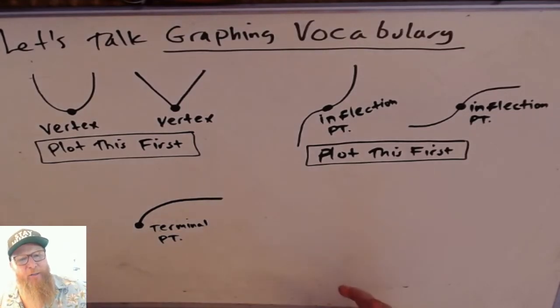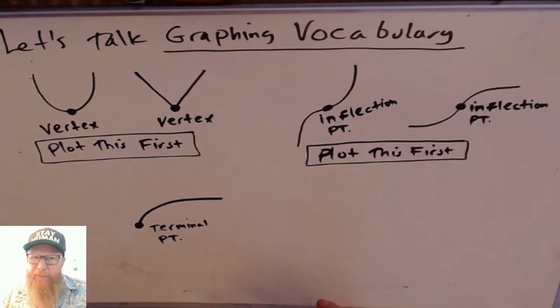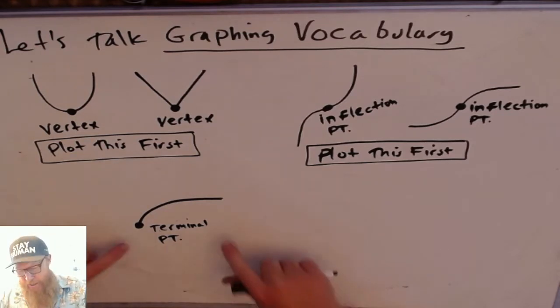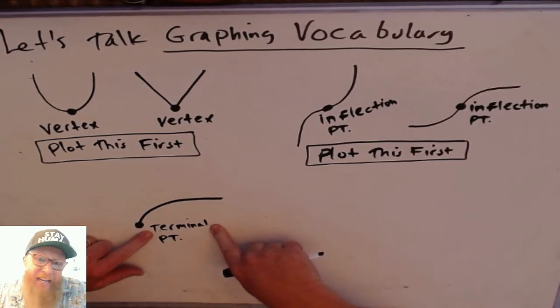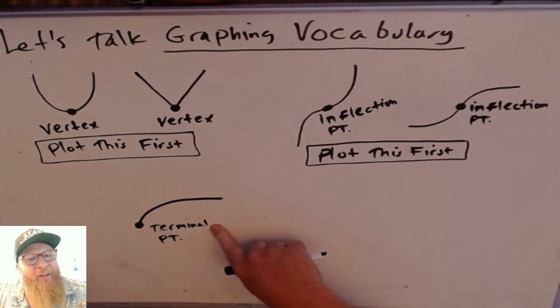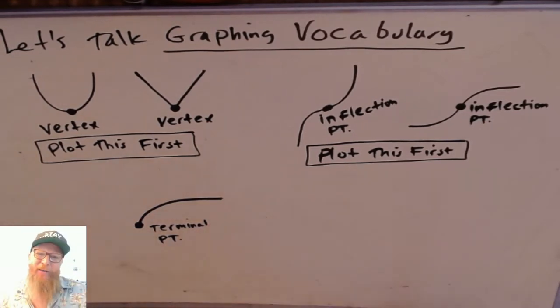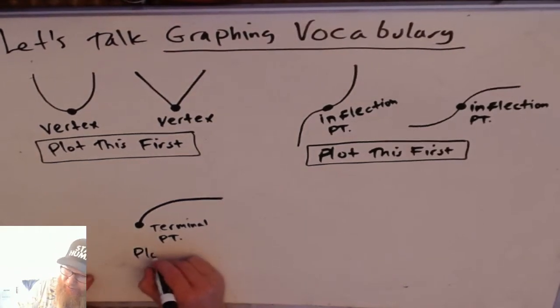A terminal is like at the airport, when you go to get on a plane. You might be getting on the plane, but somebody else is getting off the plane. So the word terminal means beginning and possibly the end. Or you can think of it philosophically, one end is simply another beginning, and we call that terminal. All right. Make sure you plot this first as well.